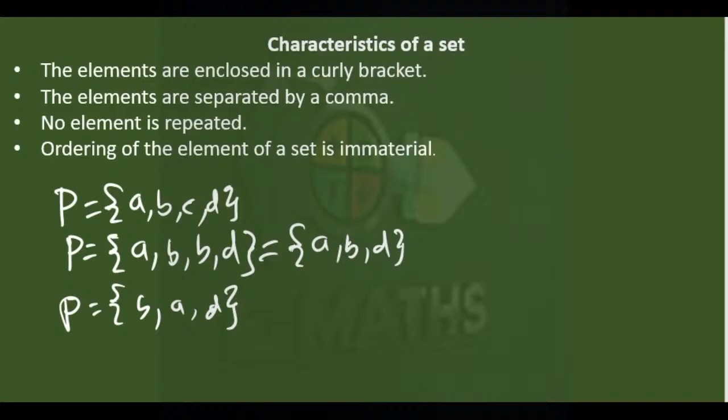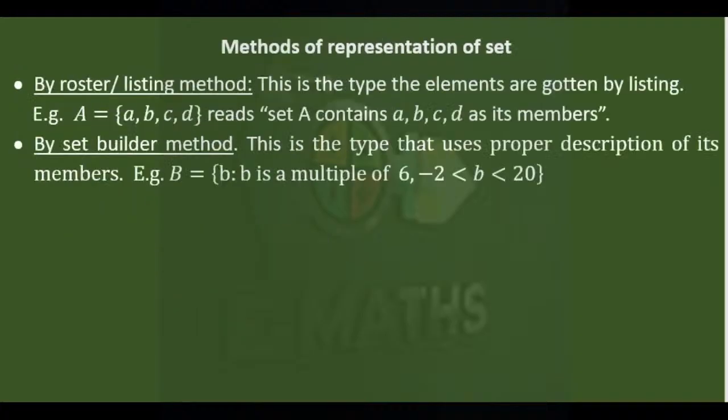The next one is the representation of sets. To represent a set, we use two methods. The first is the roster or listing method, where we list the elements one by one, like a, b, c, d. The second is set builder notation.